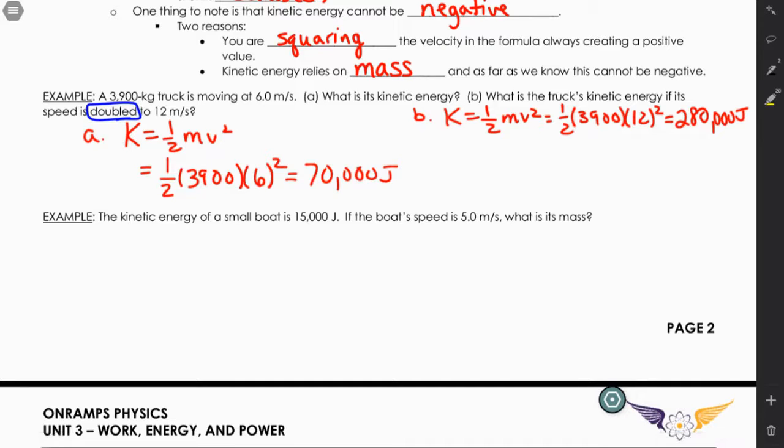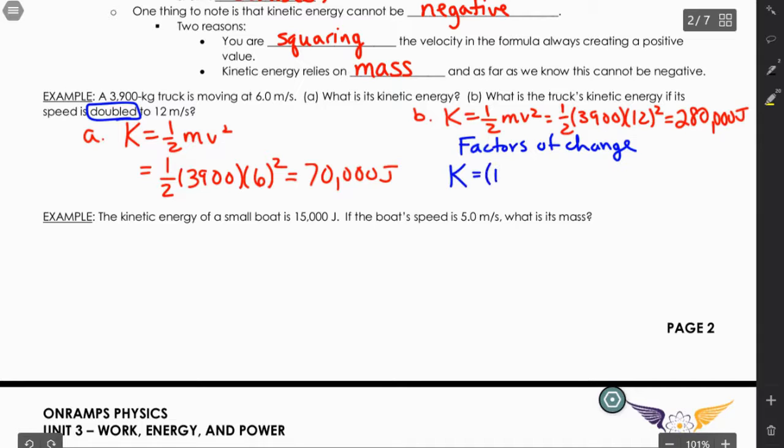And so there is a method called factors of change. Okay, and the factors of change method, basically what happens is you're going to plug in a 1 for everything that remains constant, and then the factor of what changes, right? And then you're going to solve for the unknown, right? So our unknown is actually K. So the 1/2 won't change, so we'll leave that as a 1. It's the same truck, so we'll leave that as a 1. But note that we double the speed, okay?